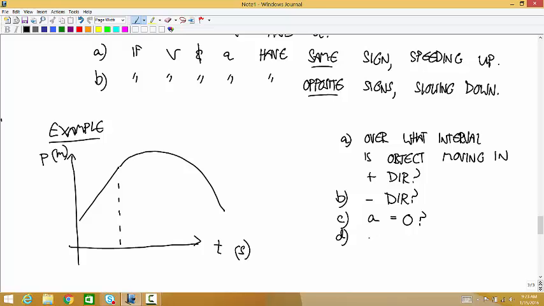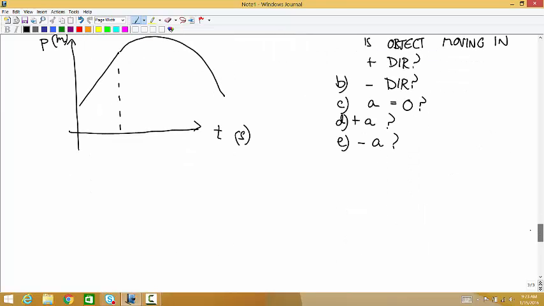Over what interval is the acceleration positive? Over what interval is the acceleration negative? This is a lot of parts. Okay, two more. Over what interval is the object speeding up? And then over what interval is it slowing down?